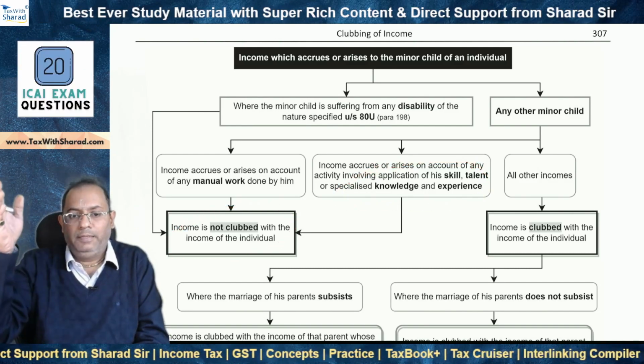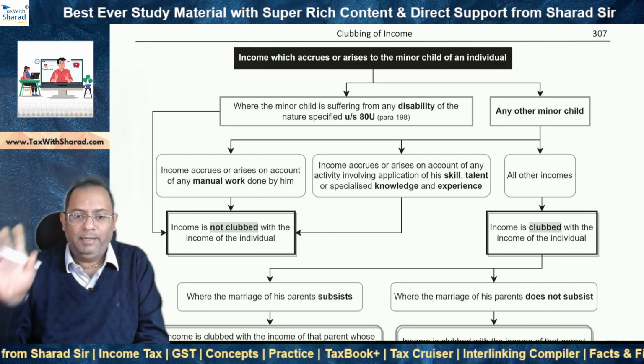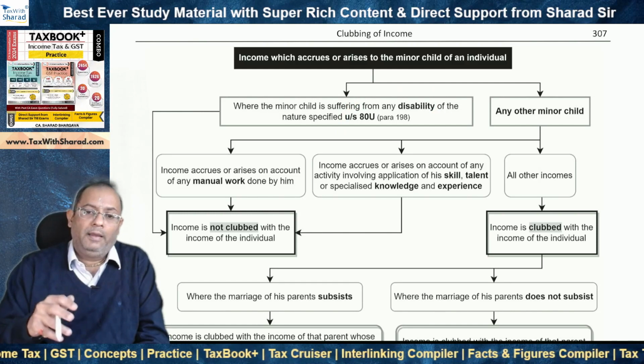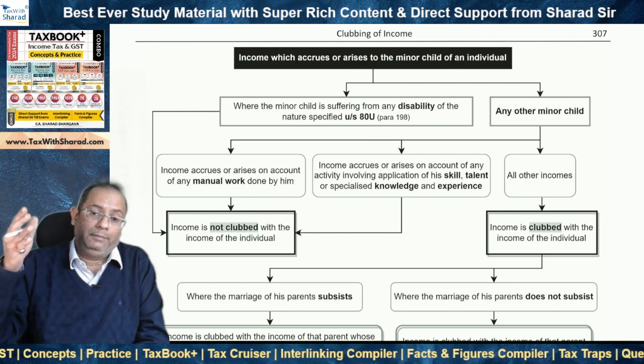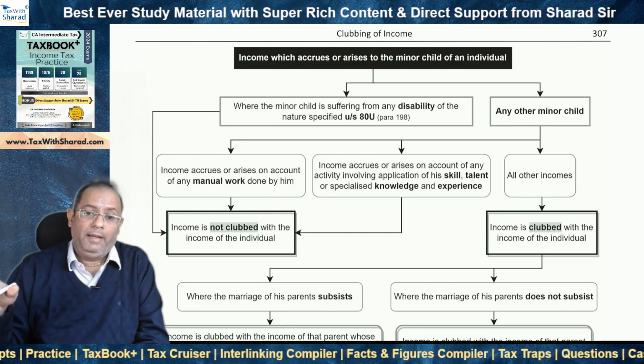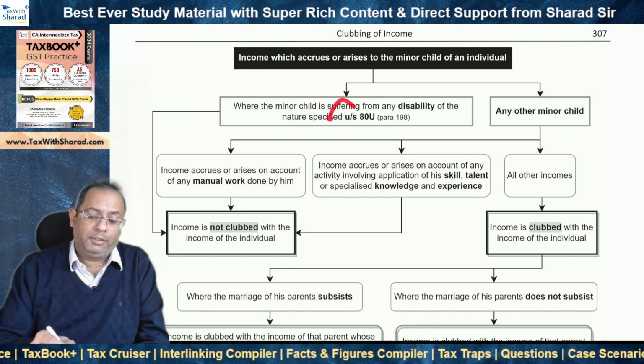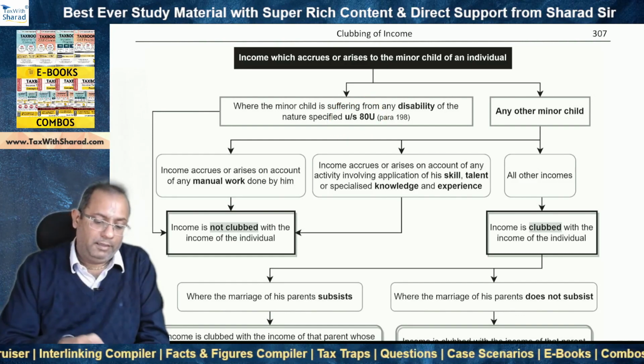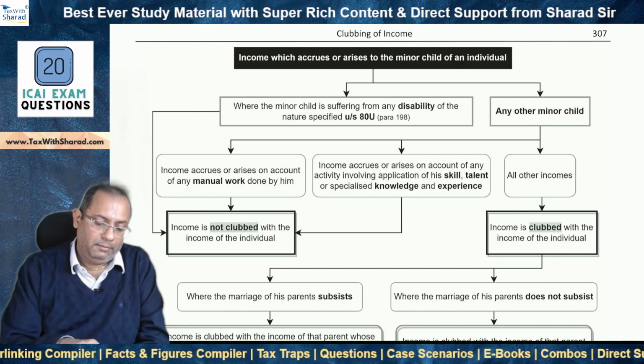The income will then be taxable directly in the hands of the child. And if it is a case of disability under section 80U, and you are taxing the income directly in the hands of the child, you should ensure that the 80U deduction does not exceed the gross total income. These are the points that you should keep in mind.